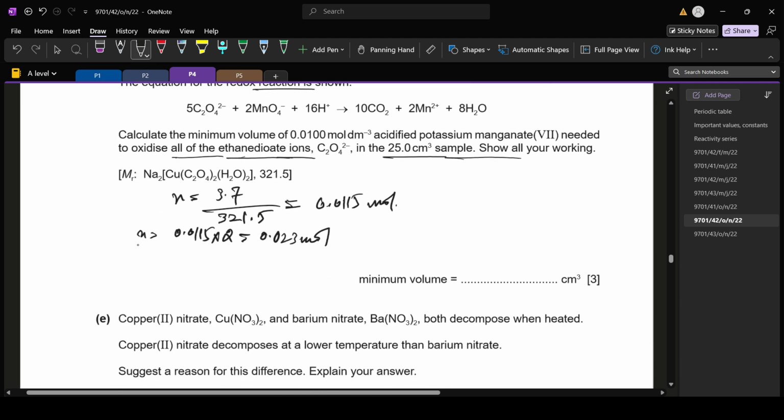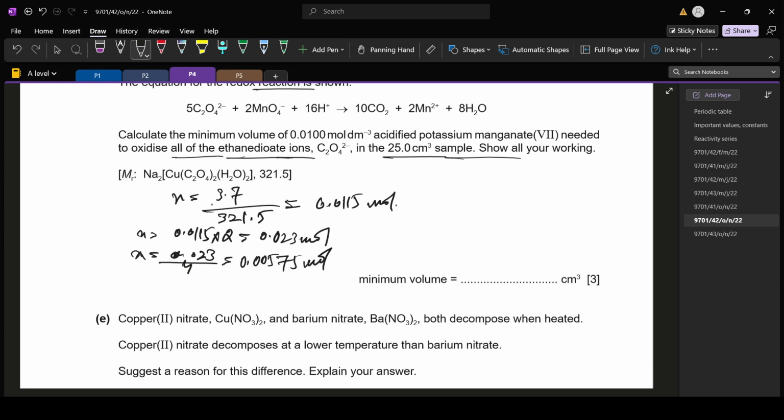So what will be the moles of ethanedioate ions in the 25 cm cube sample? You will divide it by 4. 0.023 divided by 4, so the moles in the 25 cm cube sample will be 0.00575 moles. These are in the 25 cm cube sample.